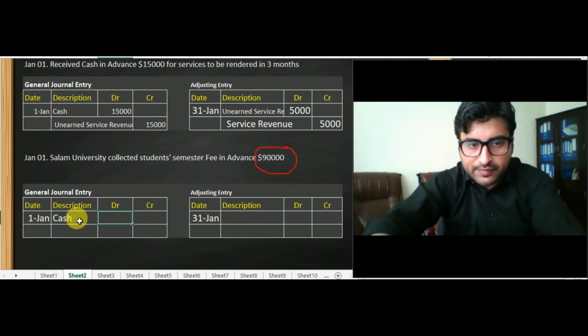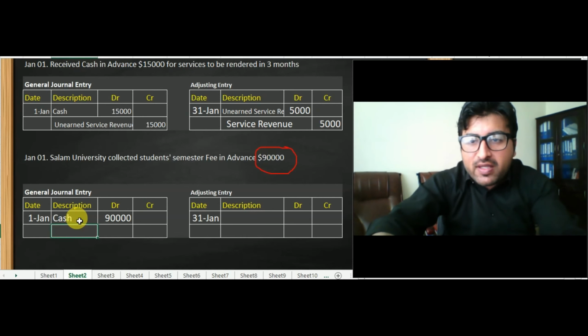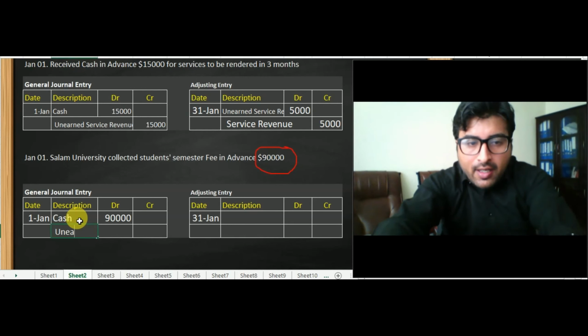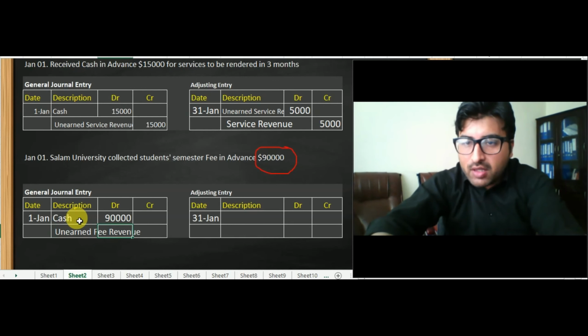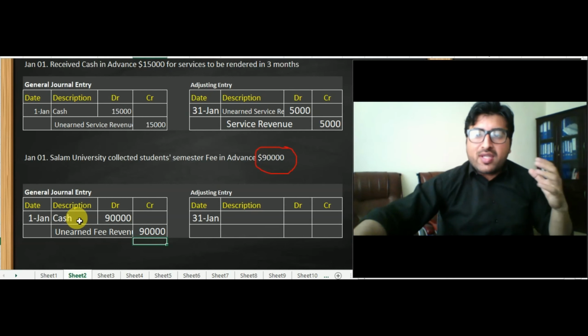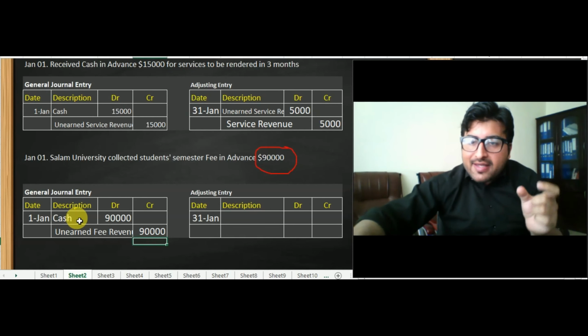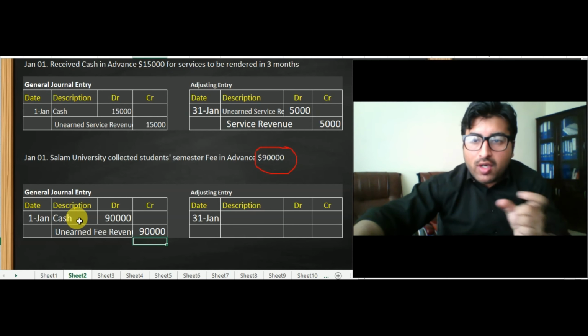How much? $90,000. And what should be credited? Revenue? No. Why? Because at the beginning of the semester, Salam University has not yet provided any service to the students. So unearned fee revenue account should be credited. How much? $90,000. So Salam University should treat this $90,000 as a liability, not as a revenue.